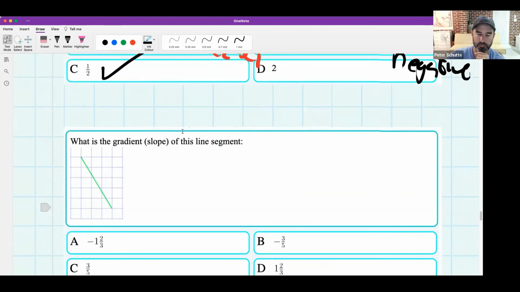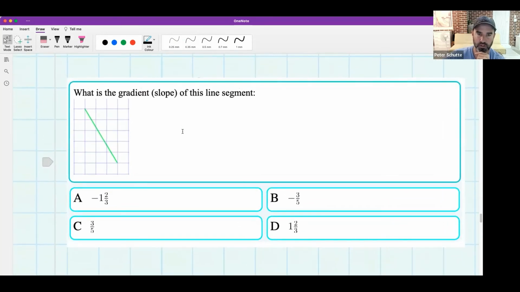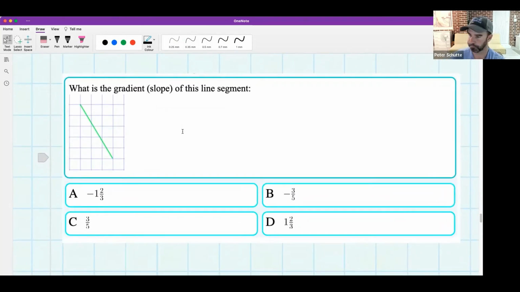Okay, let's do another one. What's the gradient of this line segment?